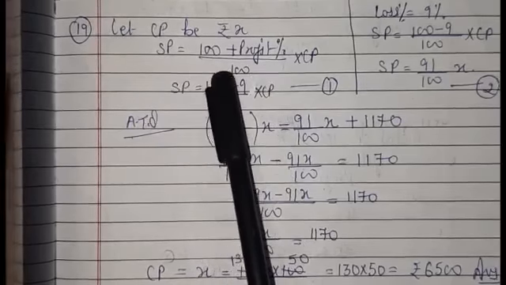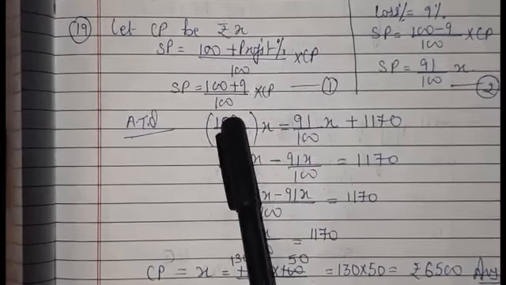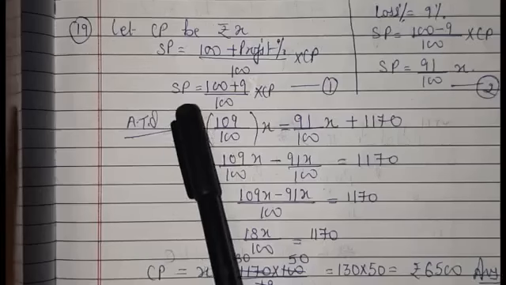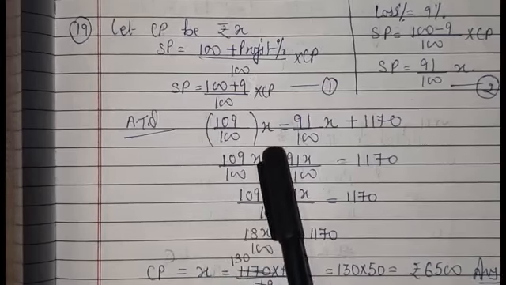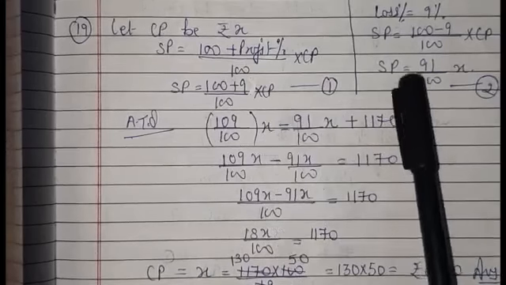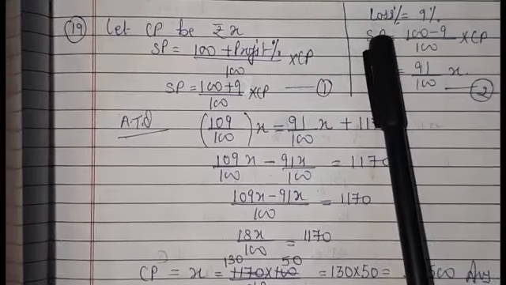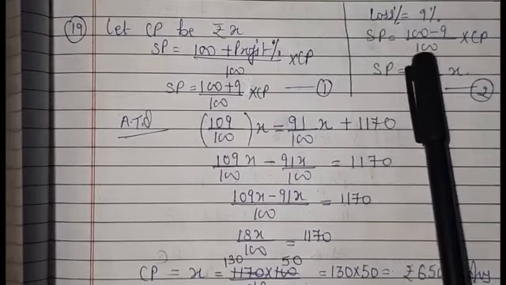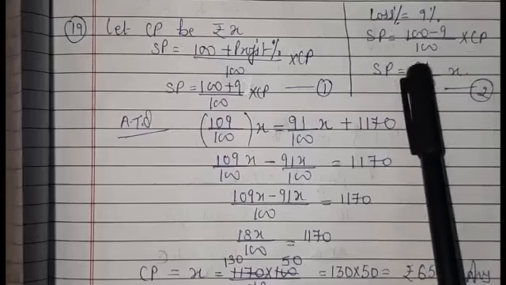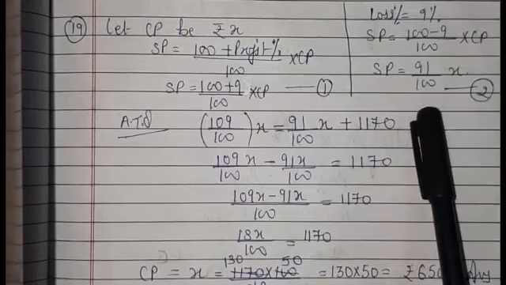Selling price is equal to 100 plus profit percent upon 100 into CP. Put the values. When we solve, it will come selling price is equal to 109 upon 100x. Now another case, when 9% loss percent is given, then in that case the selling price will be, when we put the values in the formula and solve, 91x by 100.